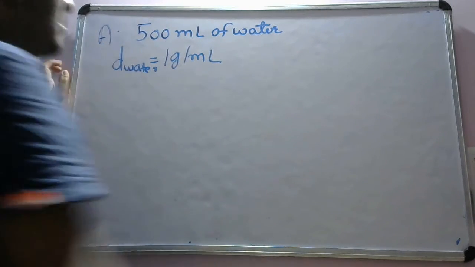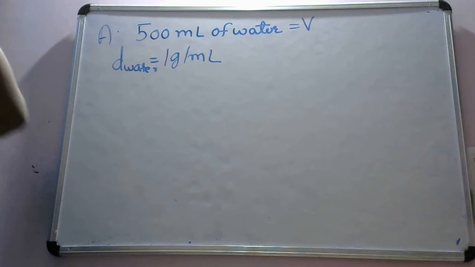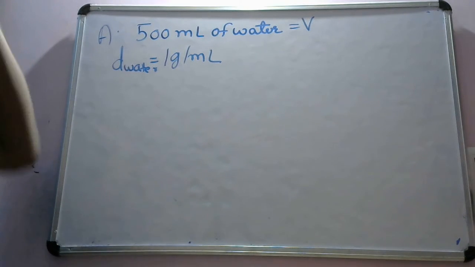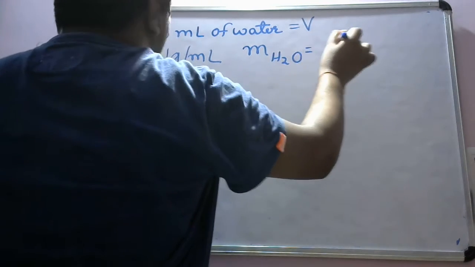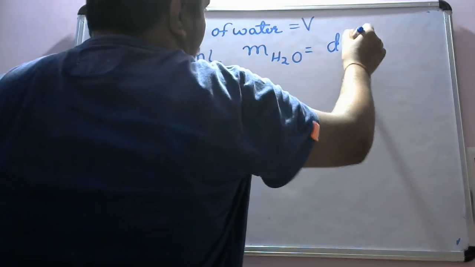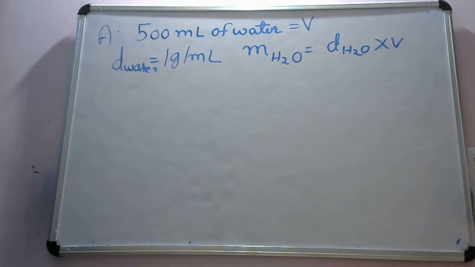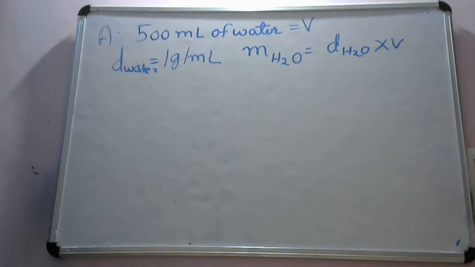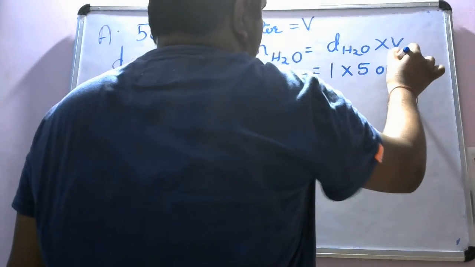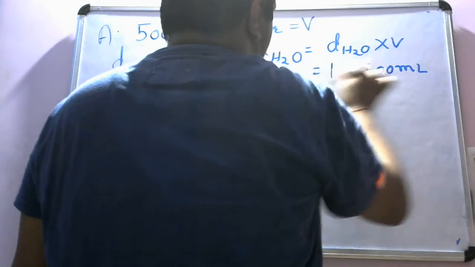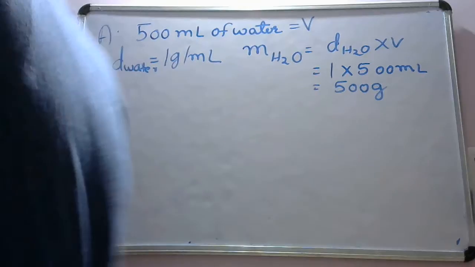Volume of water is given, so we can find the mass of water very easily. Mass of water is density of water into volume, because density is mass by volume. Density is 1, volume is 500 milliliter. So you will get mass of water to be 500 grams.